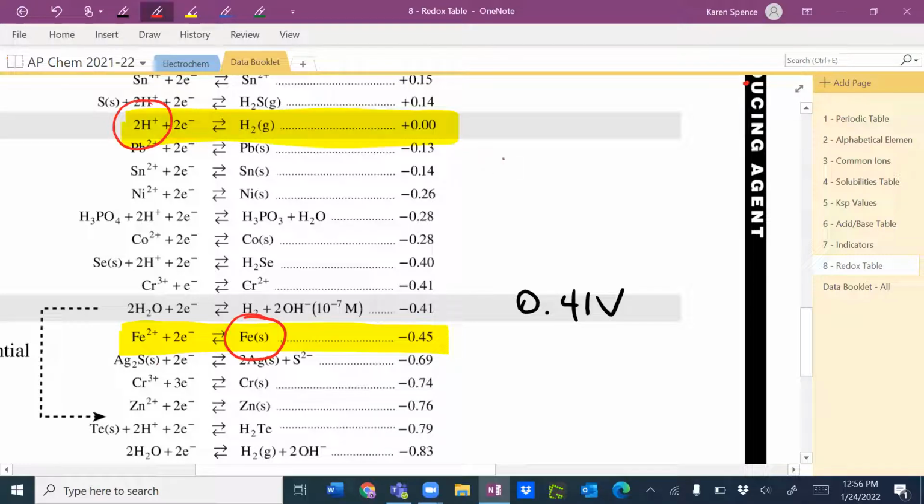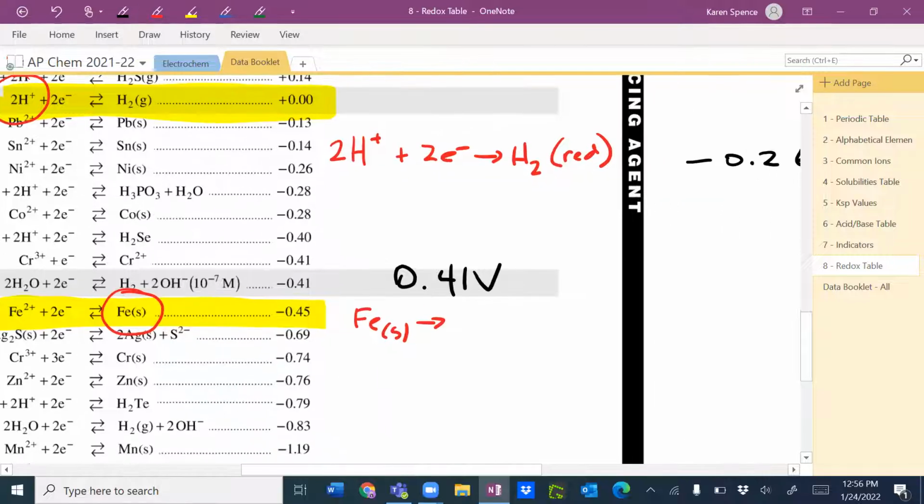So we're looking at 2H+ plus 2 electrons going to H2, that's going to be our reduction. And we're looking at Fe solid going to Fe2+ plus 2 electrons. Those are going to be our products. That's our oxidation. What was the question asking us? I've forgotten.